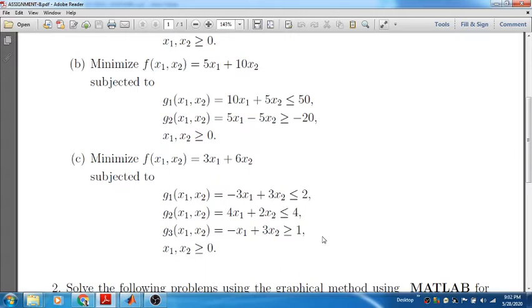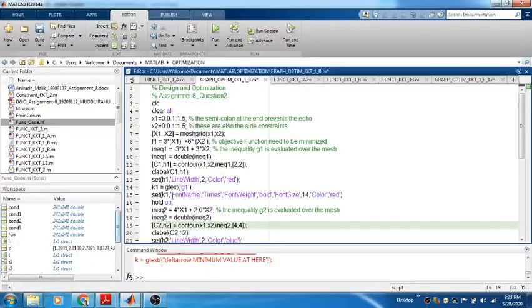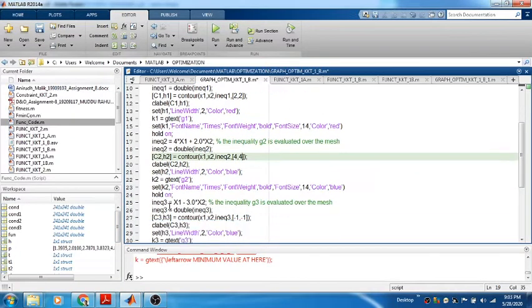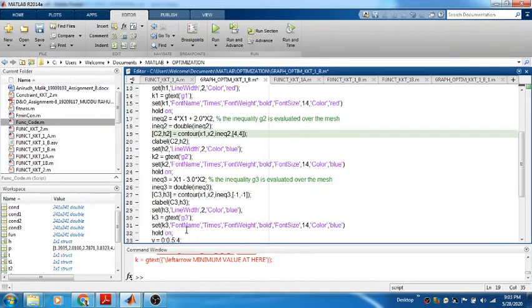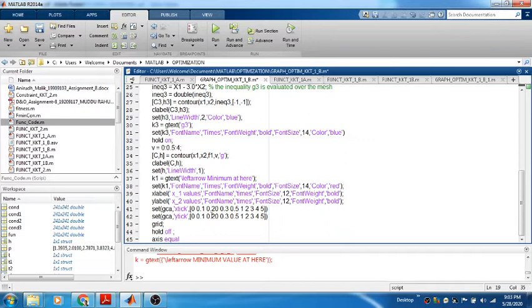This is the third constraint, x1 minus 3x2 less than or equal to minus 1. All these things I have written here, you can see.